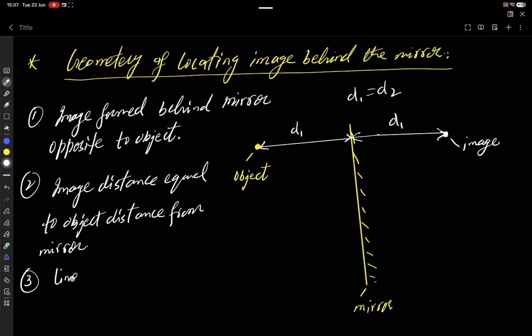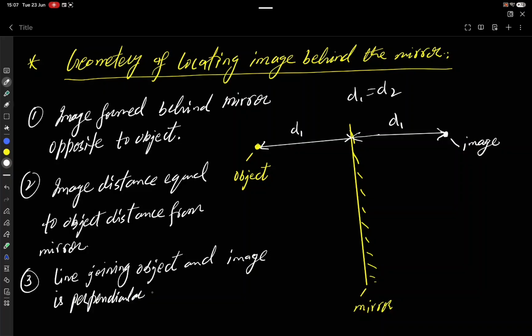Line joining object and image is perpendicular to the surface of mirror.